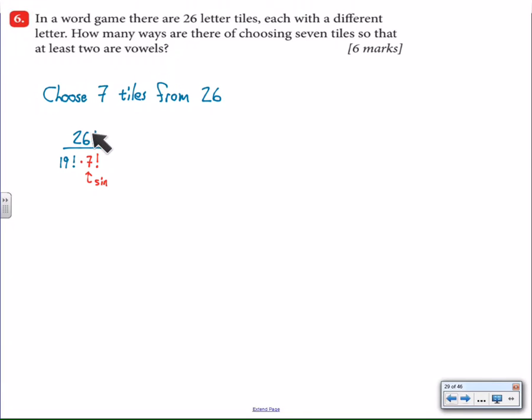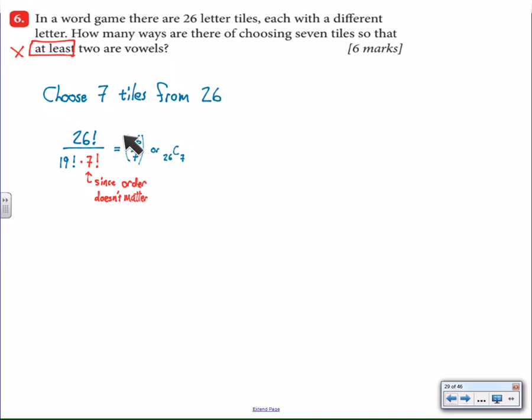Notice that's 26 factorial over 19 factorial, so that's basically 7 different choices from a set of 26. But then, since you're drawing from a bag and the order of the tiles does not matter, we're going to divide out all the different permutations of 7 tiles, and so we won't be counting those twice or multiple times.